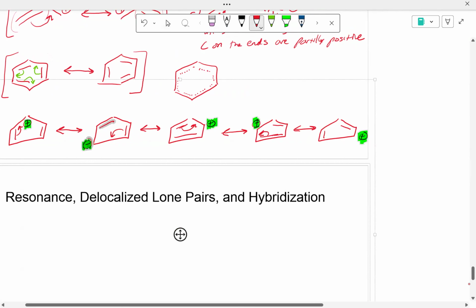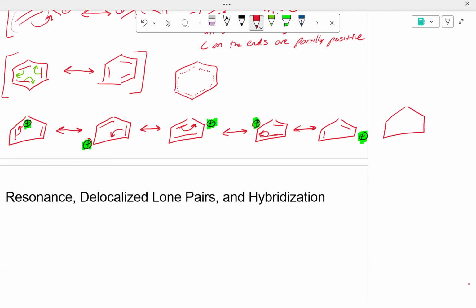So how do I summarize all of this? My hybrid is going to look like this. I'm going to use the dotted lines to indicate that the pi electrons are moving all around this ring. What do I do with that positive charge? I can say the same thing has happened by putting that plus charge in the middle, indicating that every carbon in that ring has some sort of partial positive character.